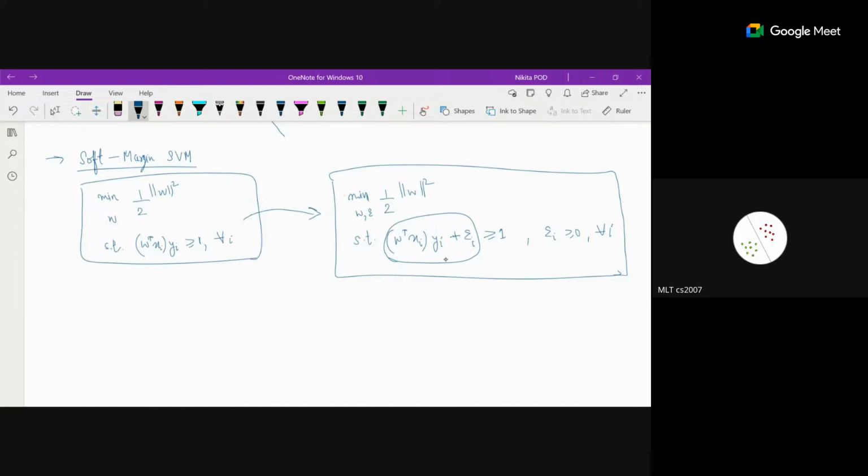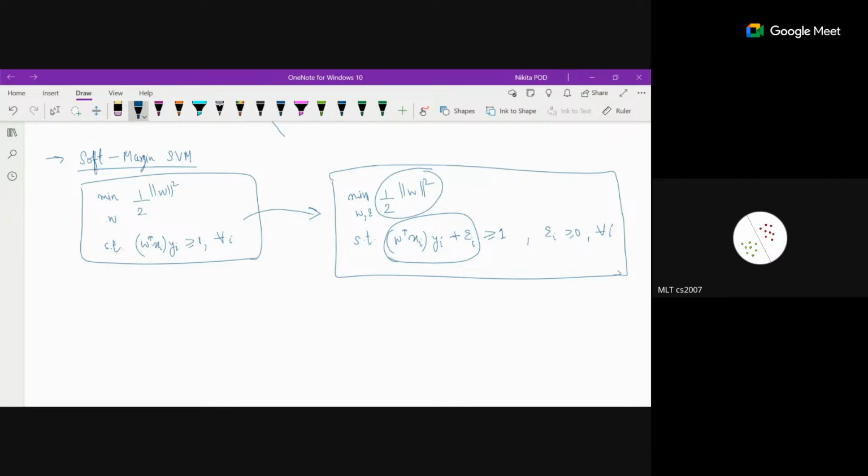It can pay 1 and go to the right side. But then my objective will be 0, right? That is something that we don't want, because in that case the W which is the 0 vector is going to be optimal. So that will happen every time.